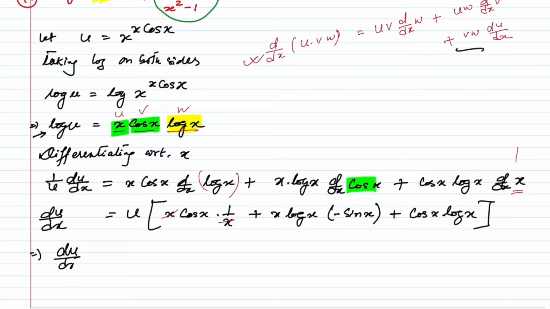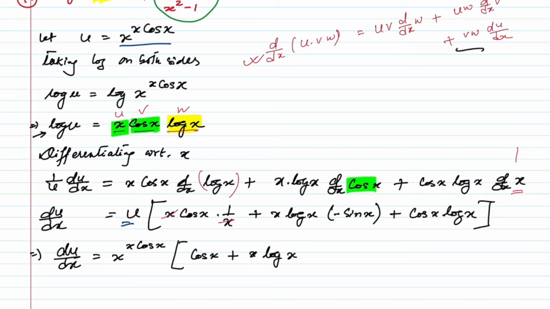So here du by dx is equal to, now let us replace u by this value of u, x to the power x cos x. So then what will happen? We will get x to the power x cos x, and within bracket we will get cos x plus x log x.